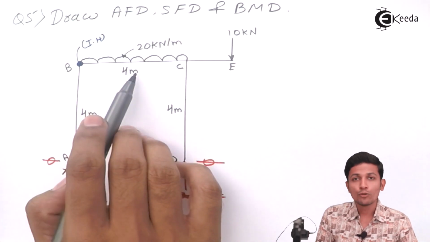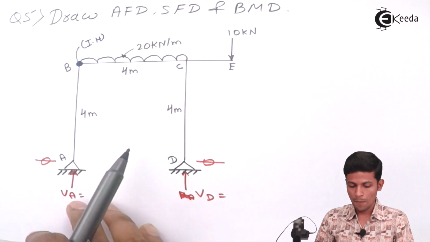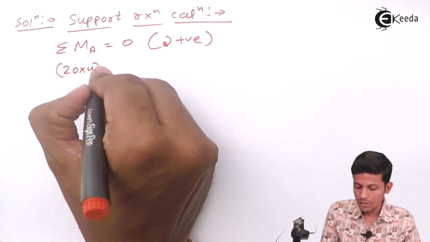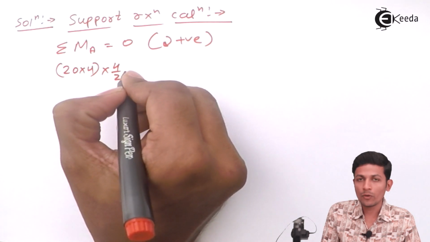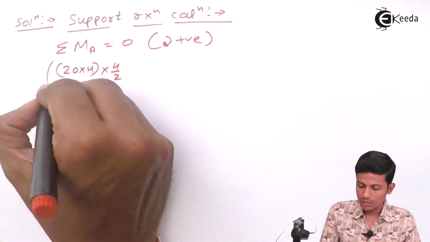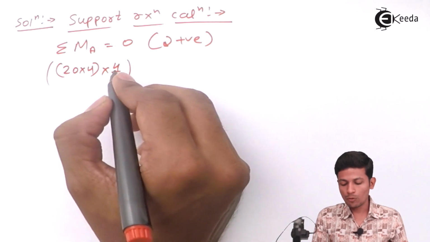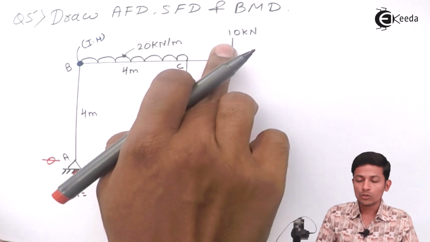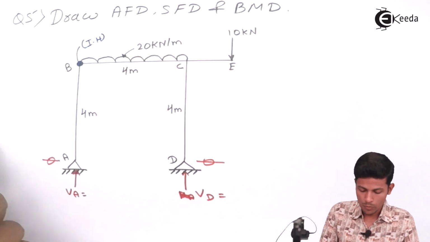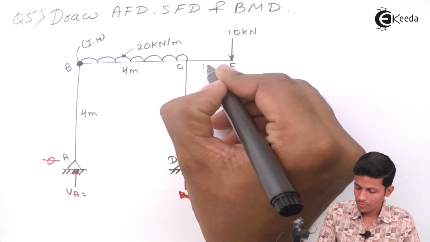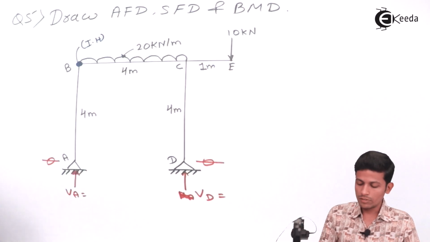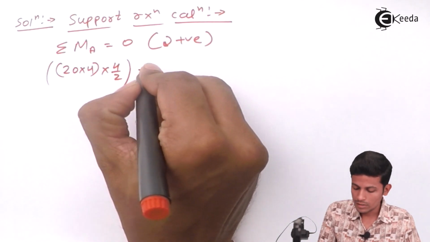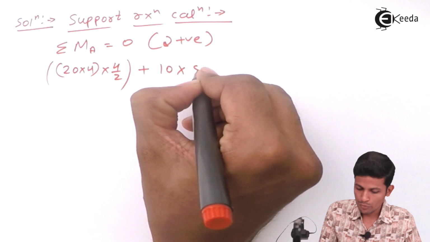So 20 into 4 into 4 by 2. 20 into 4 is the load, into 4 by 2 is the perpendicular distance. Okay, 20 into 4 into 4 by 2, this will be positive. Now this is also going clockwise, so 10 into this distance, this will be 5 meter. So plus 10 into 5.